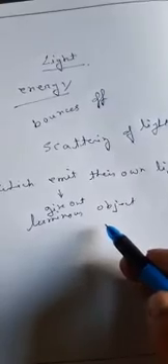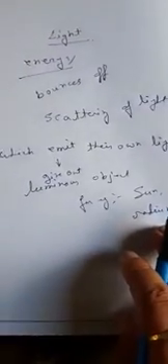Emit means give out. That means there are some objects which give out their own light. They are known as luminous objects. For example, the sun, stars, radium, etc. These objects emit their own light.